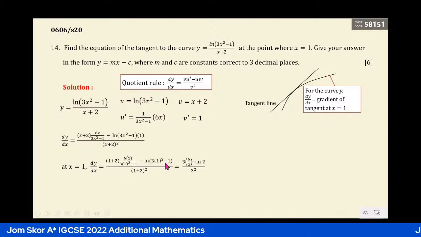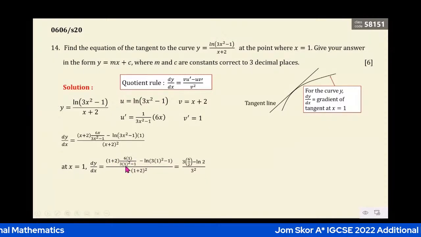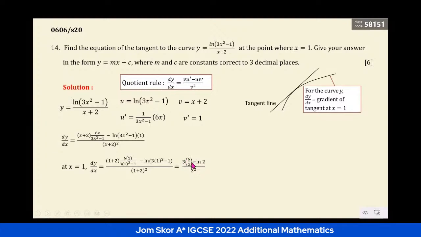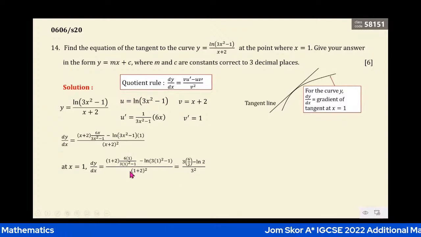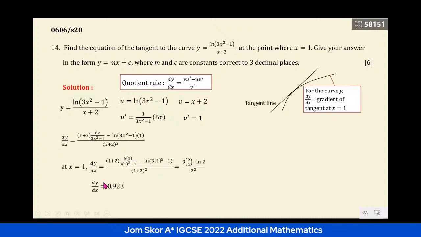Then you can use 1 plus 2, here is 3, and 6 over 3 minus 1 is 2. So 3 times 6 over 2 minus ln 2, and below it becomes 3 square. You can use your calculator straight away and you will get your answer in decimal number.